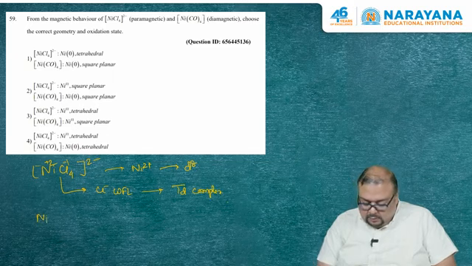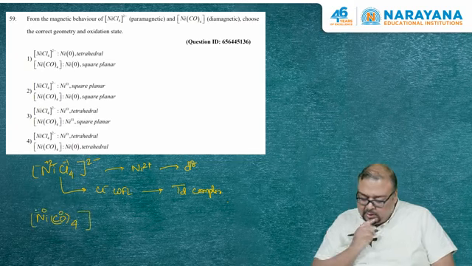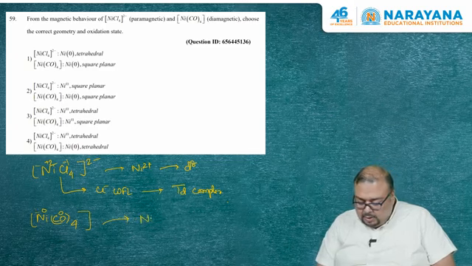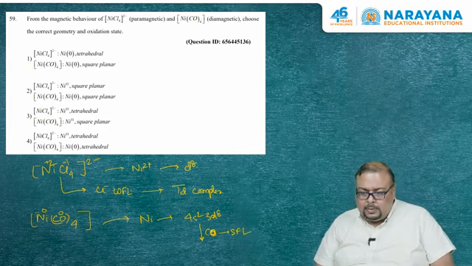With Ni(CO)4, the carbonyl group has 0 charge, so nickel will also have 0 charge. So you have nickel neutral, which is 4s2 3d8. But CO is a strong field ligand. Carbon monoxide is a strong field ligand, so forced pairing will take place.